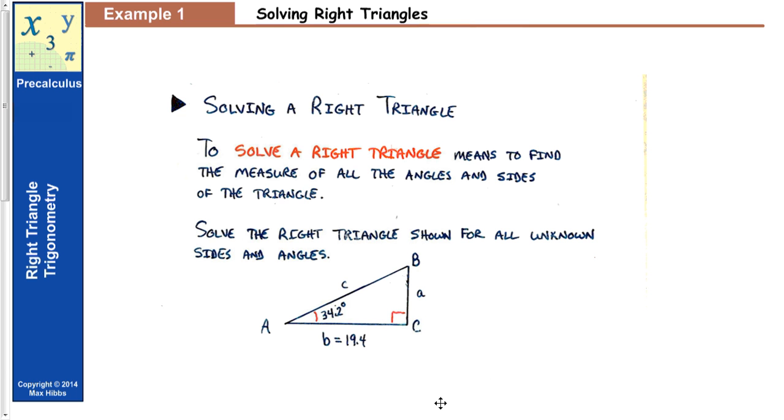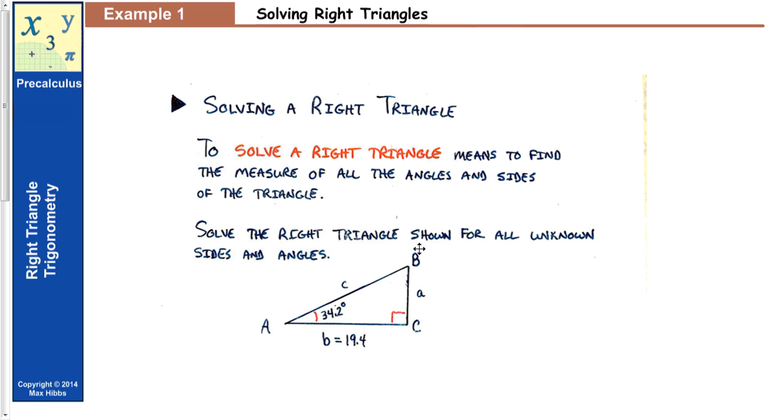By the way, it is common practice when dealing with these to label the angles by capital letters, and to label the right angle as a capital C. We label the sides with lowercase letters, and the side that is opposite angle A is side a, a length.